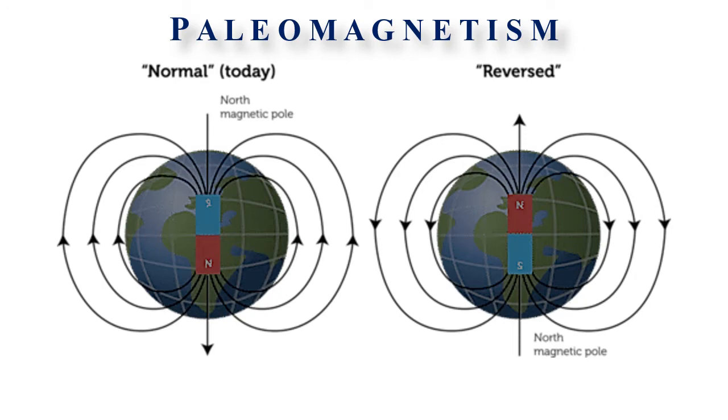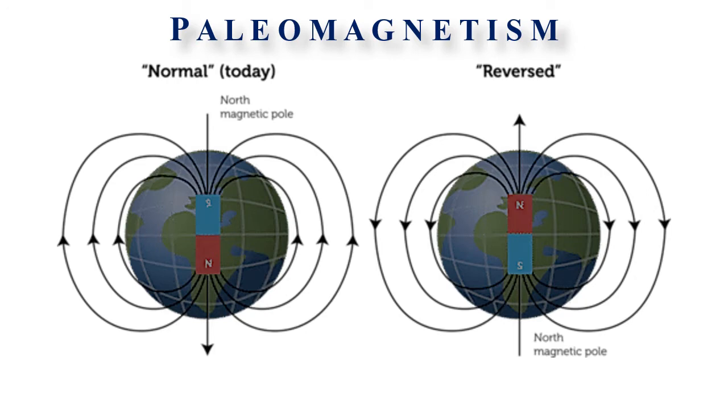Rocks like basalt, which cool from a high temperature and commonly have relatively high levels of magnetite, are particularly susceptible to being magnetized in this way. But even sediments and sedimentary rocks, as long as they have small amounts of magnetite, will take on remnant magnetization because the magnetite grains gradually become reoriented following deposition.